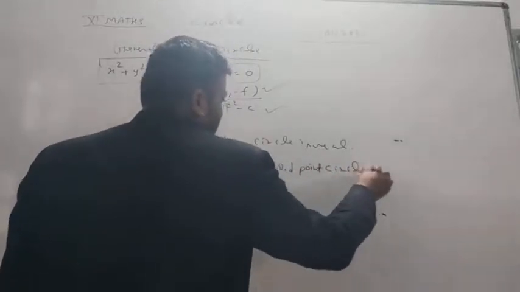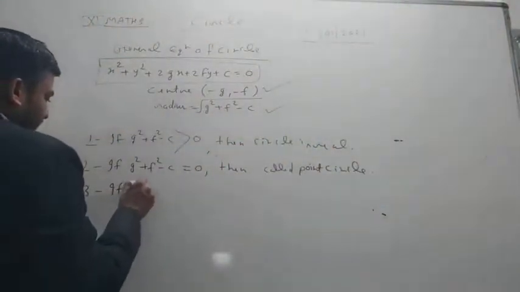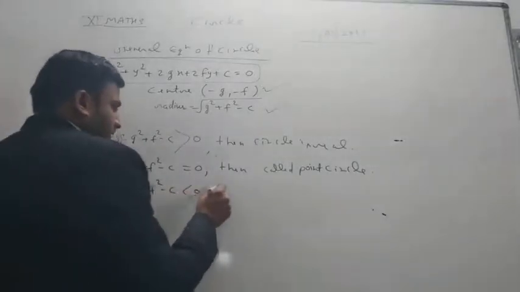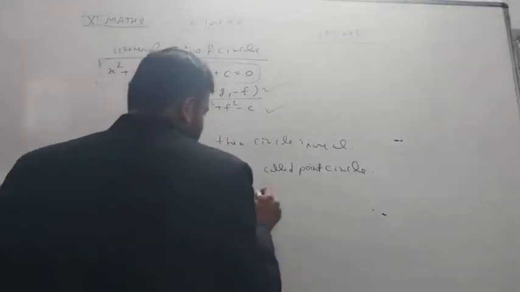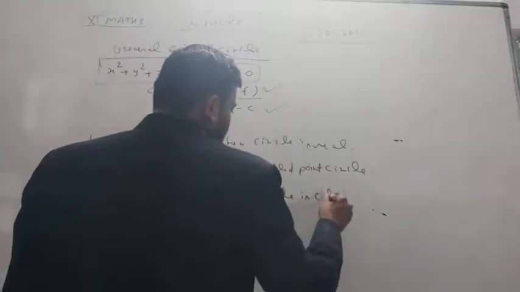Okay student, if the radius is 0, then the circle is called point circle. If g square plus f square minus c is less than 0, then circle is called imaginary circle.